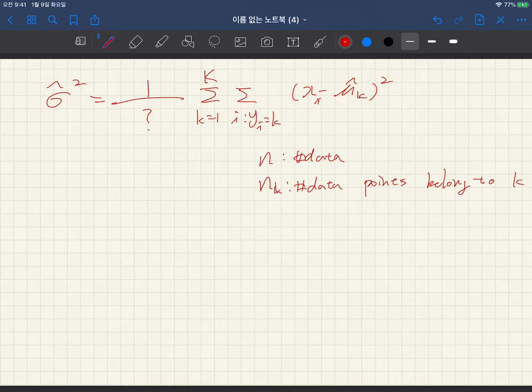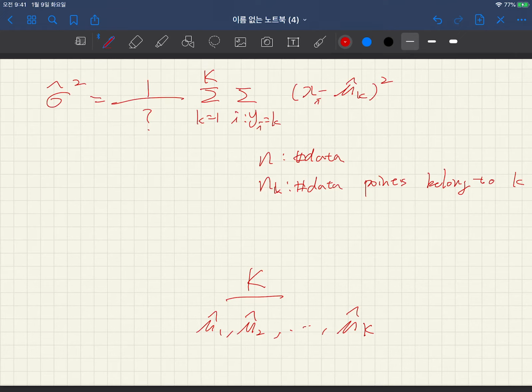In this case, the number of parameters we train is capital K, because we obtain mu hat 1, mu hat 2, up to mu hat capital K from the data points x1 through xn according to their cluster index. We separate them, and then compute mu hat k for each cluster.